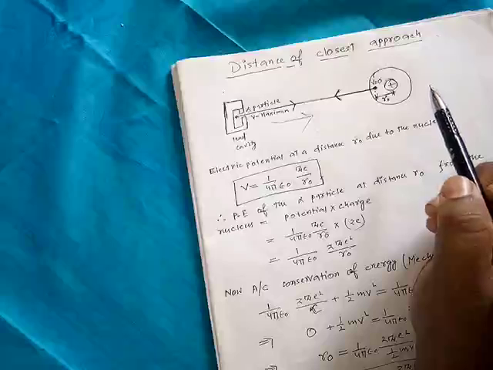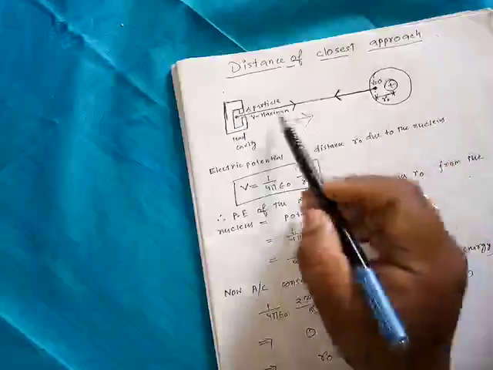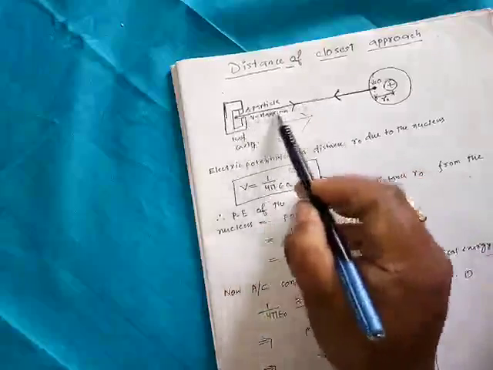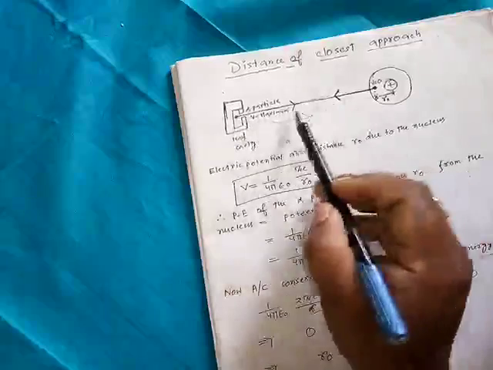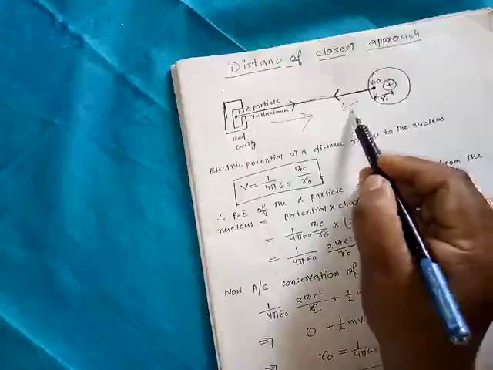For example, if we have to do work against gravity, then we possess gravitational potential energy. Yes or no? Here the alpha particle is moving in this direction, but at the same time it is experiencing a repulsive force, right?